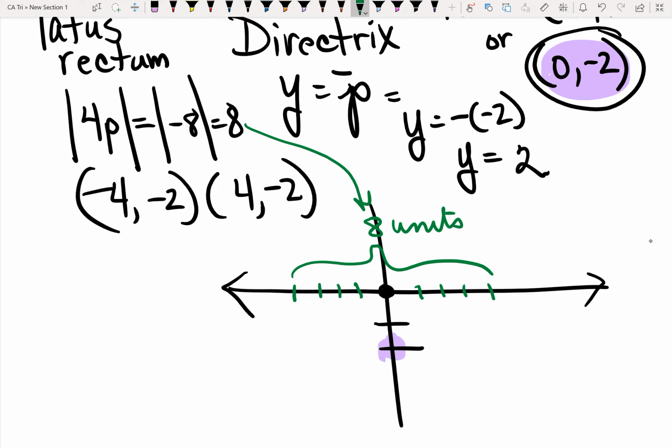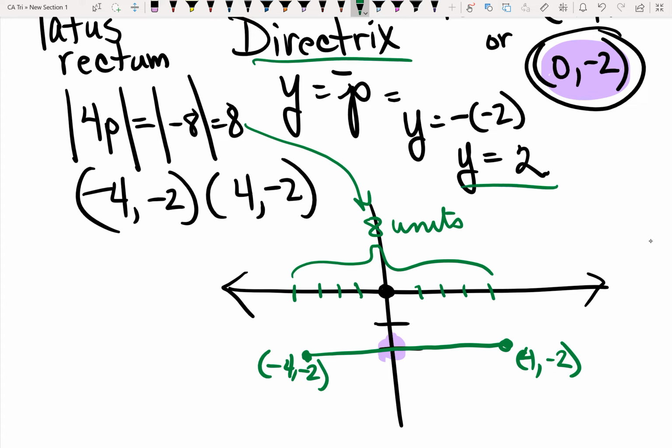So we end up having a horizontal line drawn this way. This gives us negative 4, negative 2, and this gives us the other endpoint. Right. We also know that our directrix is here at positive 2. So let's erase that for clarity.